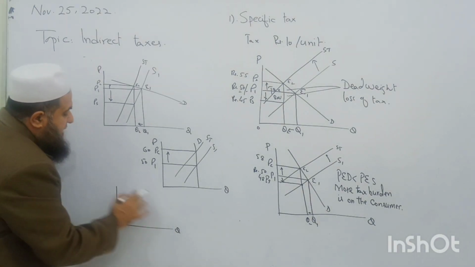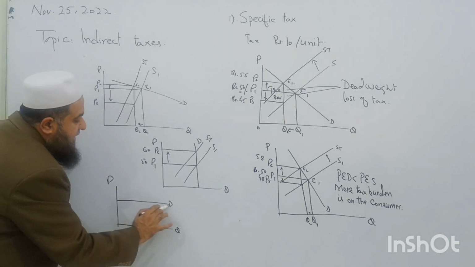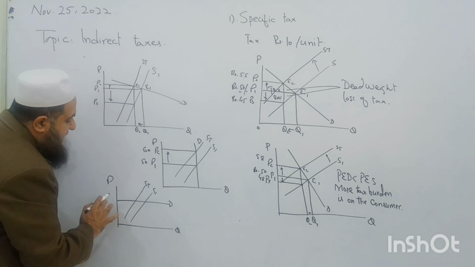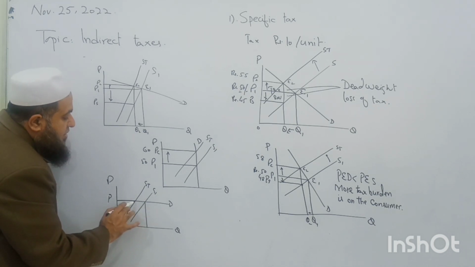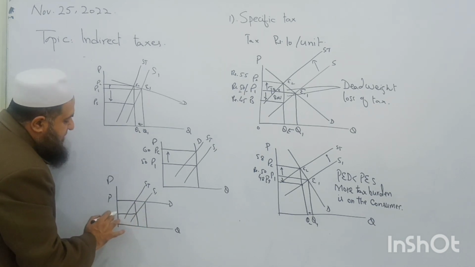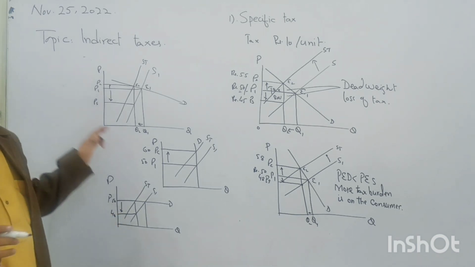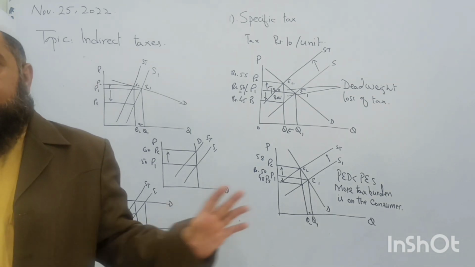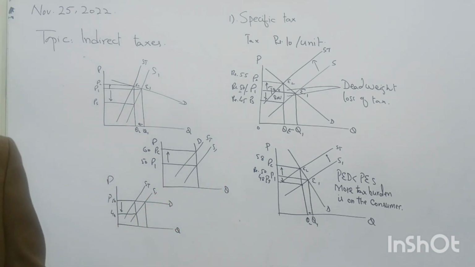Or sometimes it happens that demand is perfectly elastic, and now a tax is imposed. What happens? Now the seller will bear all the burden because consumers are not going to change this price. Demand is already perfectly elastic at this price. Their price is not going to be changed.